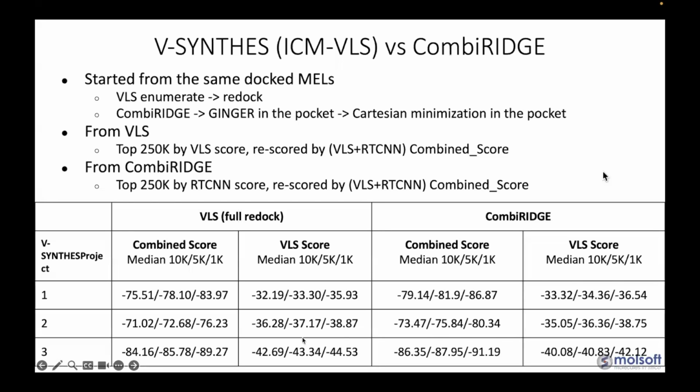And the results are pretty clear that the combined score for CombiRIDGE is consistently better across all targets. So this is a vSynthesis project that we did last year for some pharmaceutical companies, and we compared the results using CombiRIDGE basically. But for VLS scoring alone, vSynthesis outperforms CombiRIDGE primarily because the CombiRIDGE protocols are finely tuned really to the RTCNN scoring.